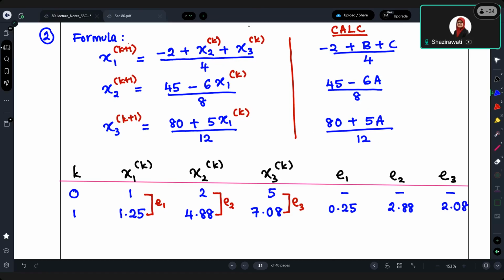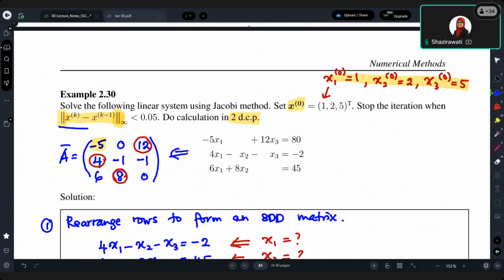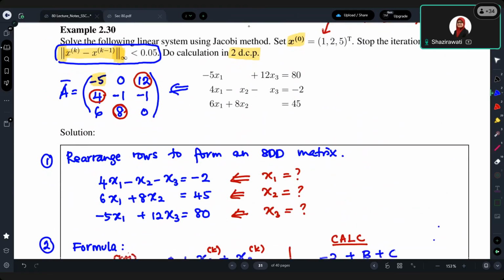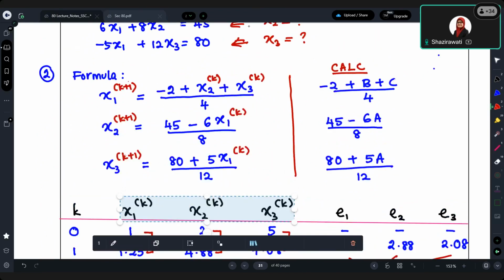Okay, so the stopping condition dia tadi kata, the maximum of the difference between X must be less than 0.05. So it means you tengok out of these three, yang mana yang paling maksimum. So the maximum adalah 2.88 and this value is way greater than 0.05 dalam stopping condition diberi dalam soalan tu.